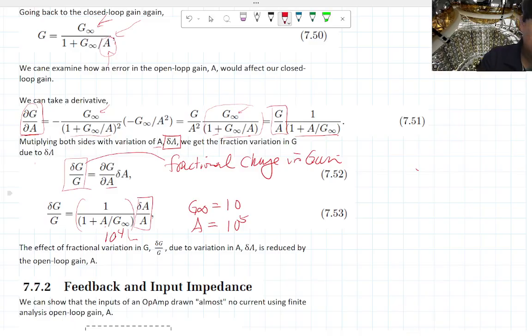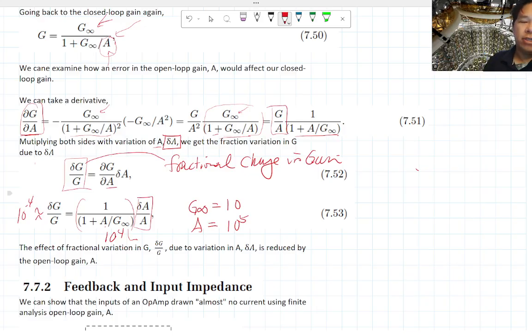So this is approximately 10 to the minus 4. If the open loop gain, meaning the transistor's beta function gain, changes by a factor of 2, the actual gain output that you get changes by a factor of 2 times 10 to the minus 4.